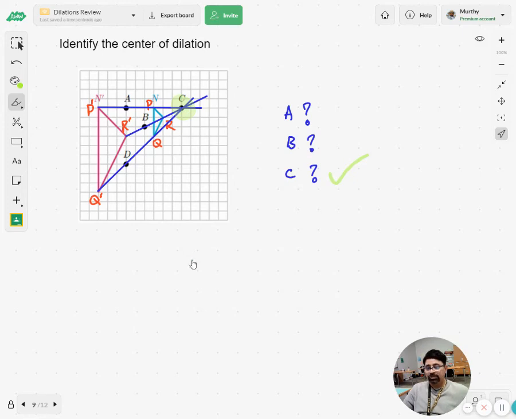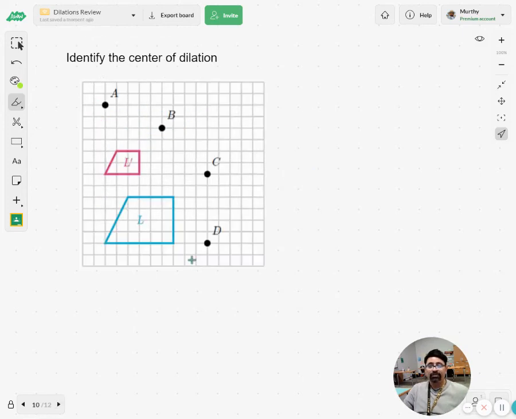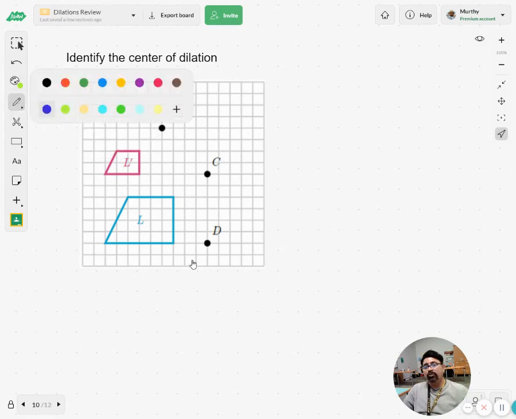So let me take one more question on this. Here, L prime, there are two quadrilaterals.